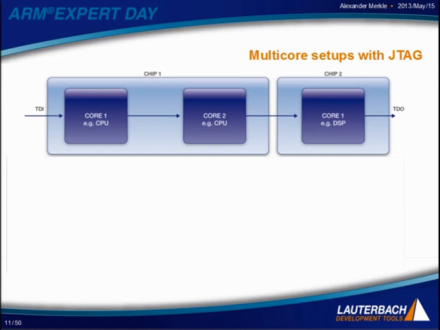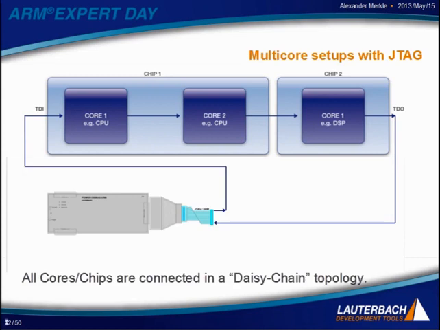On your printed circuit board, you normally chain the cores, which means you're using JTAG. JTAG has one data line, one control line, one clock line. And you simply connect one core after another in a line structure.